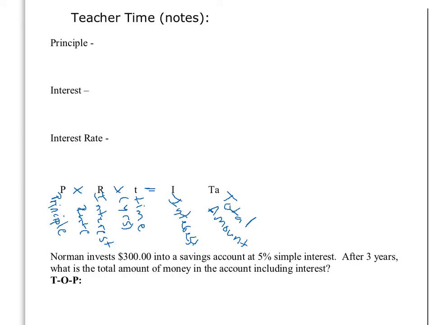So when we're talking about interest, I'm going to start with talking about the principal. And the principal is an amount of money that is borrowed, loaned, charged on a credit card, or invested.